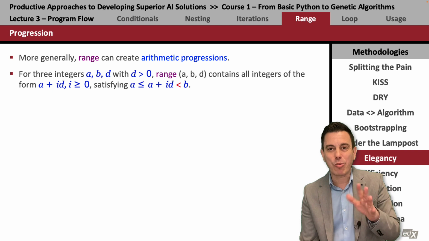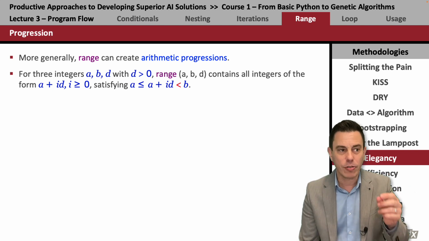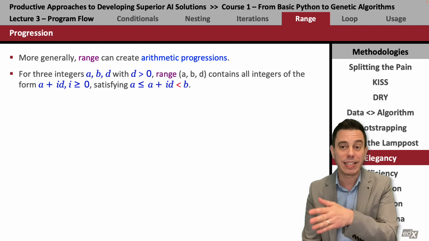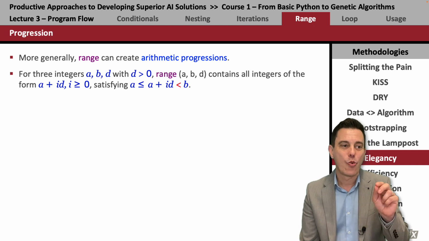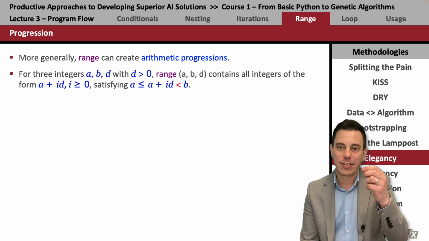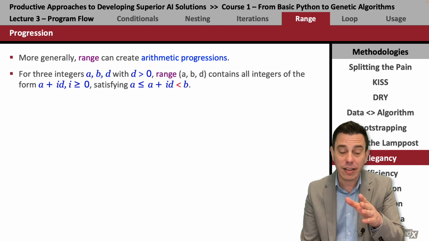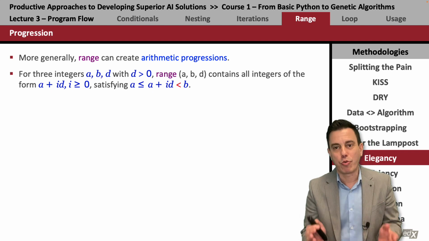We can say it's something like a plus i d, where i stands for iterator and d is the step size, so i multiplied by d, as long as this condition is satisfied, where a is smaller or equal to a plus i d, and also a plus i d is smaller than b. This is the range that we want.